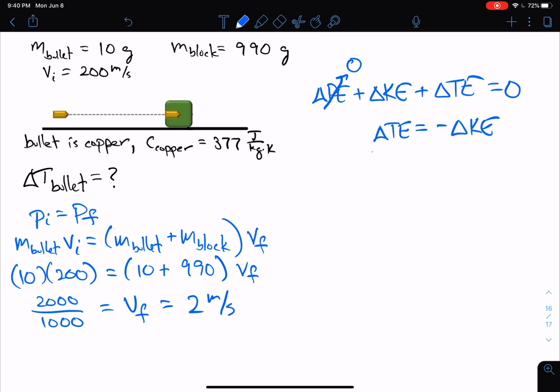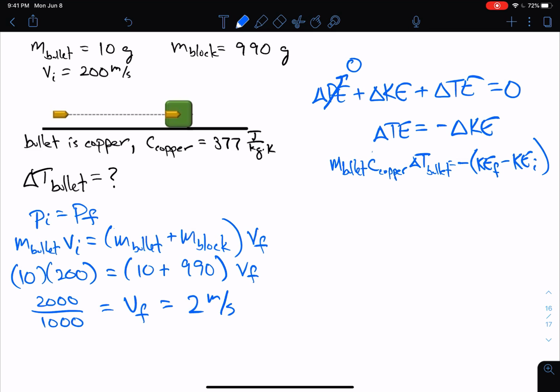That's going to be the mass of the bullet, and the bullet is copper, as I stated over here, so I need the specific heat of copper, and of course the temperature change for the bullet. And that's going to equal the negative change in kinetic energy, so this is the final kinetic energy minus the initial kinetic energy, because change is always final minus initial.